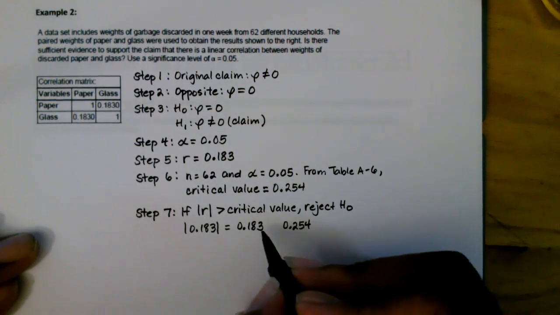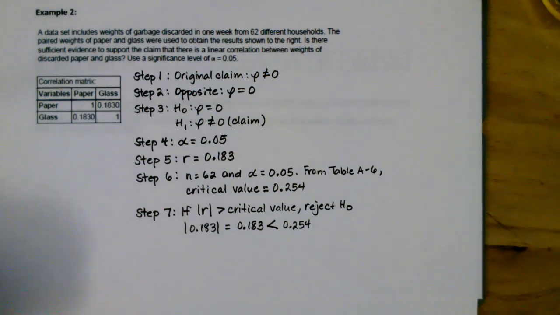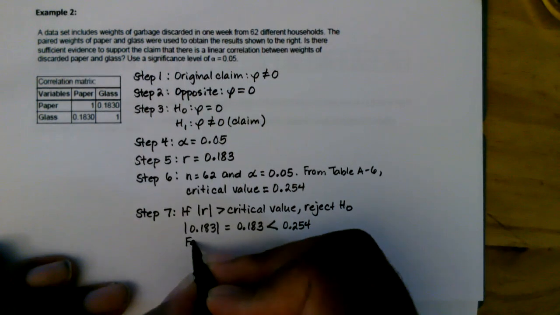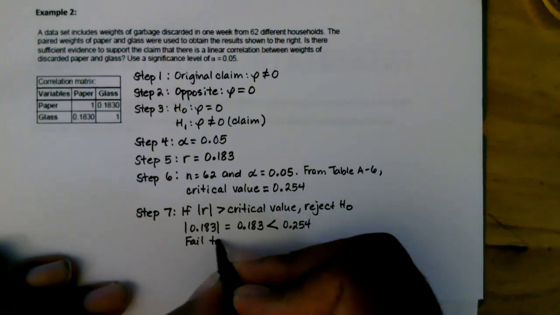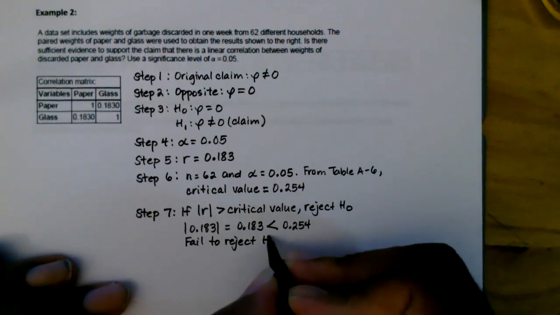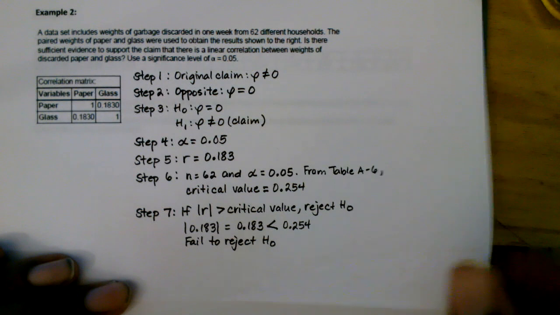If you compare those two, 0.183 is less than 0.254. It violates the decision rule, so I need to fail to reject the null hypothesis.